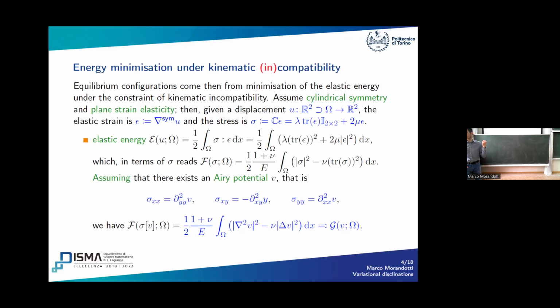And because of this structure, actually, you can really say that the divergence of sigma is equal to 0. So now if we write the energy in terms of v, we obtain a functional here, G of v, which reads in this way. And it's pretty interesting that the norm squared of sigma is the norm squared of the Hessian of v, of course, and the trace of sigma is nothing but the Laplacian of v.